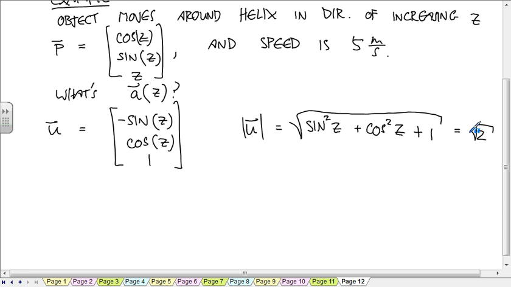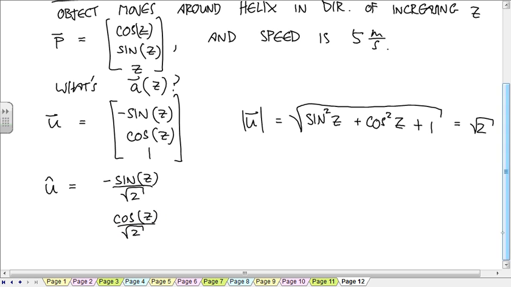And so the unit vector is negative sine of z over root 2, positive cosine of z over root 2, and 1 over root 2.